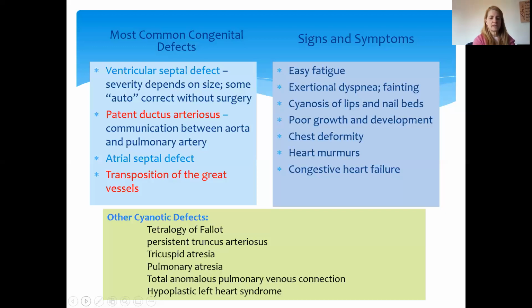Other cyanotic defects include tetralogy of Fallot, which is multiple defects, persistent truncus arteriosus, tricuspid atresia, pulmonary atresia, total pulmonary venous connection, and hypoplastic left heart syndrome, where the left side of the heart is not working properly.